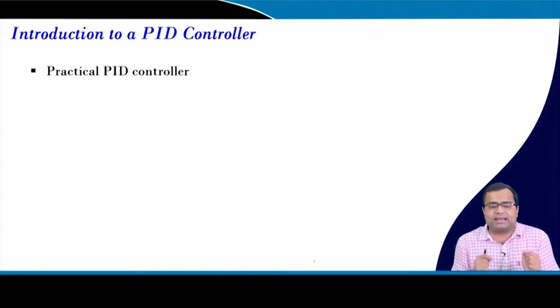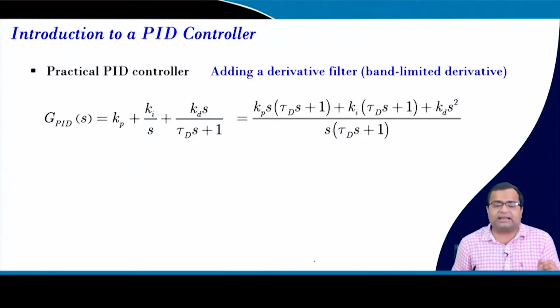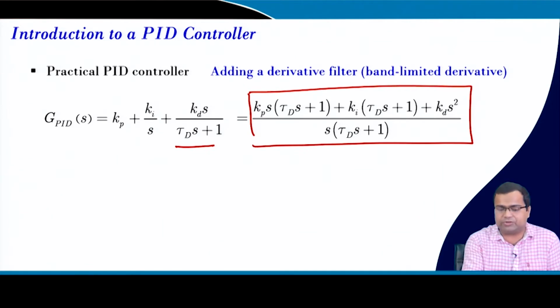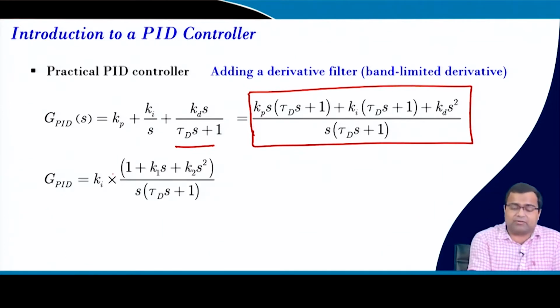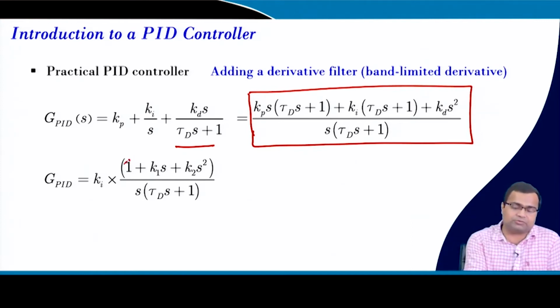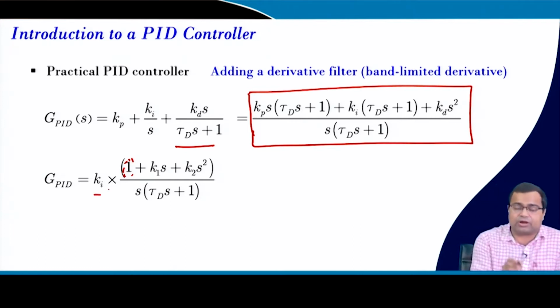So, now a practical PID controller can be written with a derivative filter in this structure, that means in the pole zero structure in numerator and denominator coefficient form, where again we write in our standard notation, that means all the time we try to write the constant term as unity by suitably scaling. So, here we took out Ki.